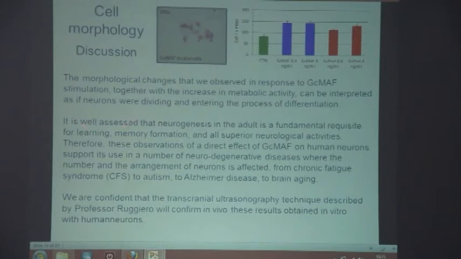It is well assessed that neurogenesis in the adult is a fundamental requisite for learning, memory formation, and all superior neurological activities. Therefore, these observations of the direct effect of GcMAF on human neurons support its use in a number of neurodegenerative diseases, where the number and the arrangement of neurons is affected, from chronic fatigue syndrome, autism, Alzheimer's disease, to brain aging.